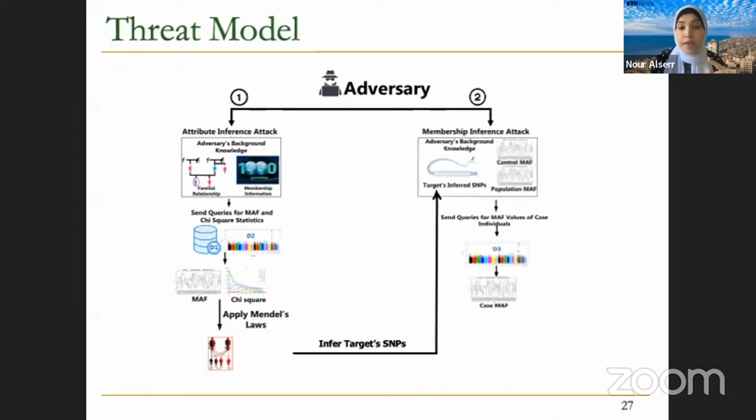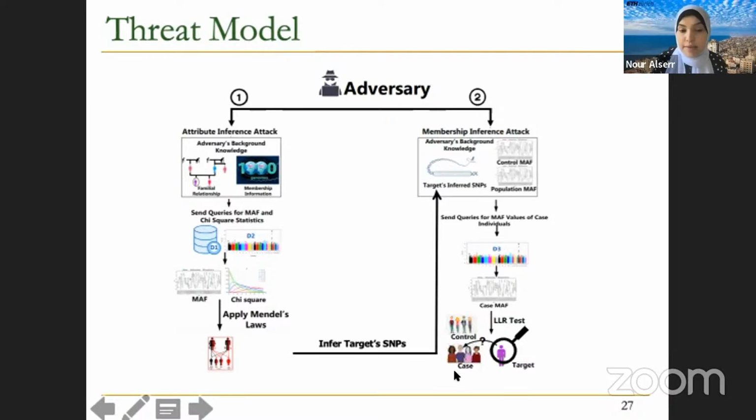Again, we use the inferred SNPs in another attack, which is the membership inference attack, and again we try to find if that participant or victim is in the case group. After receiving the MAF query results, we could decide whether the target is in the case group or not.